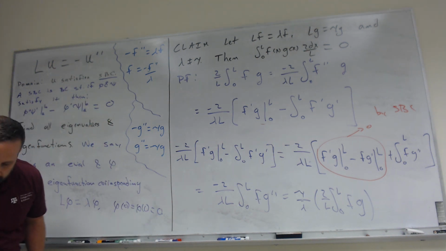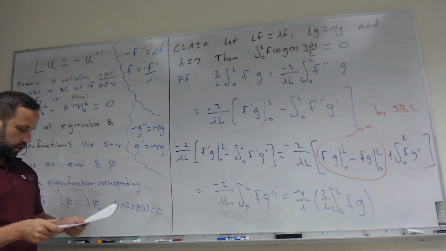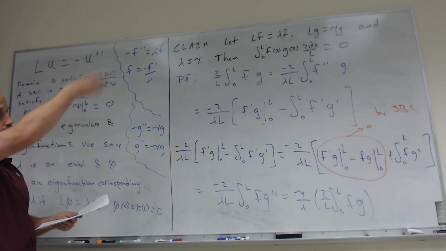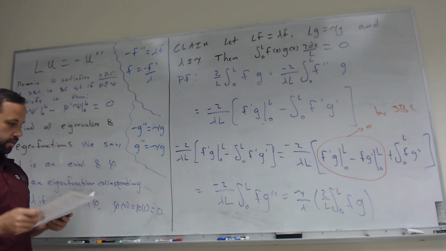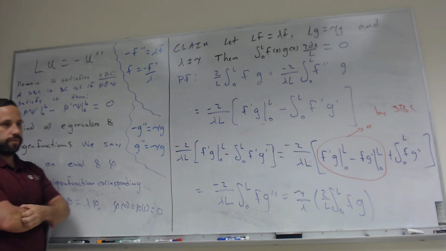Okay, so this tells us that if we have symmetric boundary conditions, then the eigenfunctions are still going to be orthogonal with respect to this inner product. Okay, and then a generalized Fourier series is going to be a Fourier series, and the eigenfunctions are now going to be satisfying the symmetric boundary conditions rather than the easier boundary conditions that we've been looking at so far.